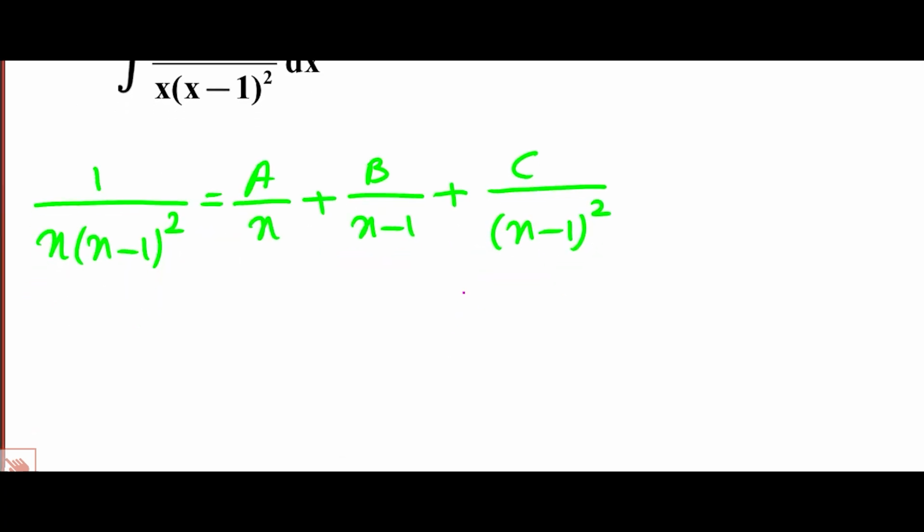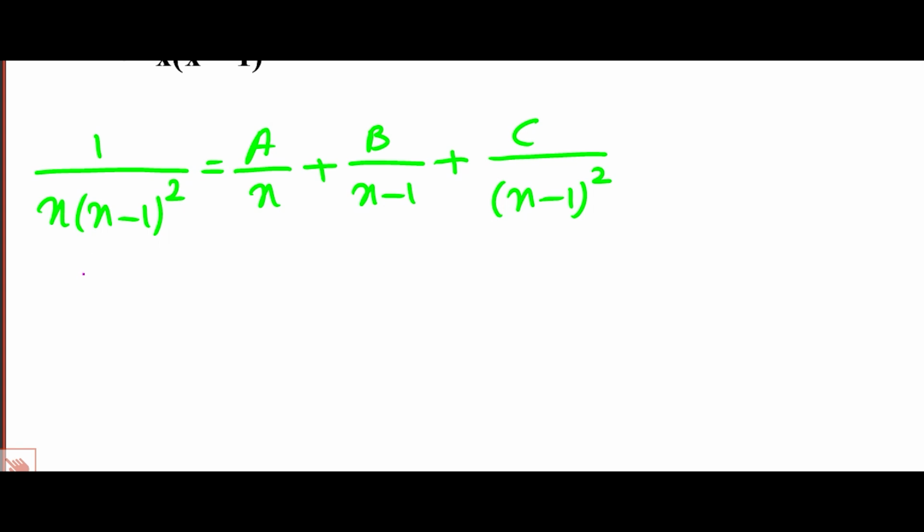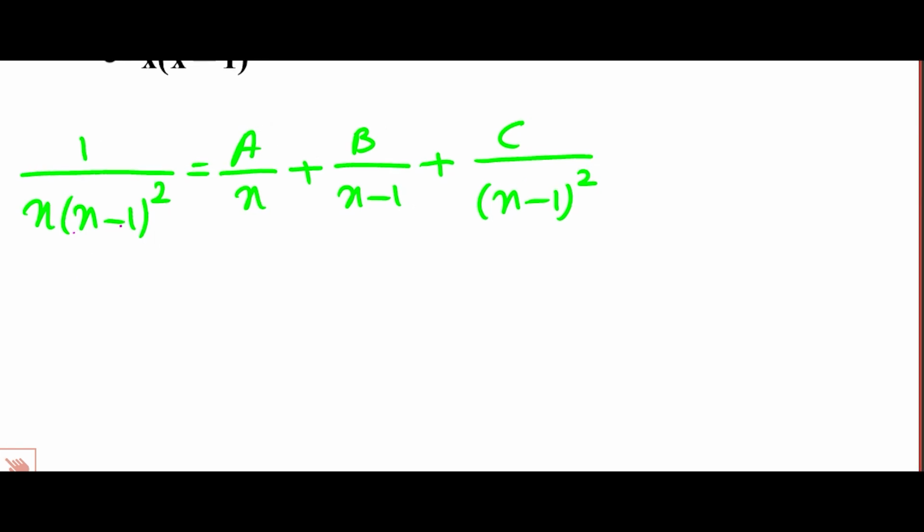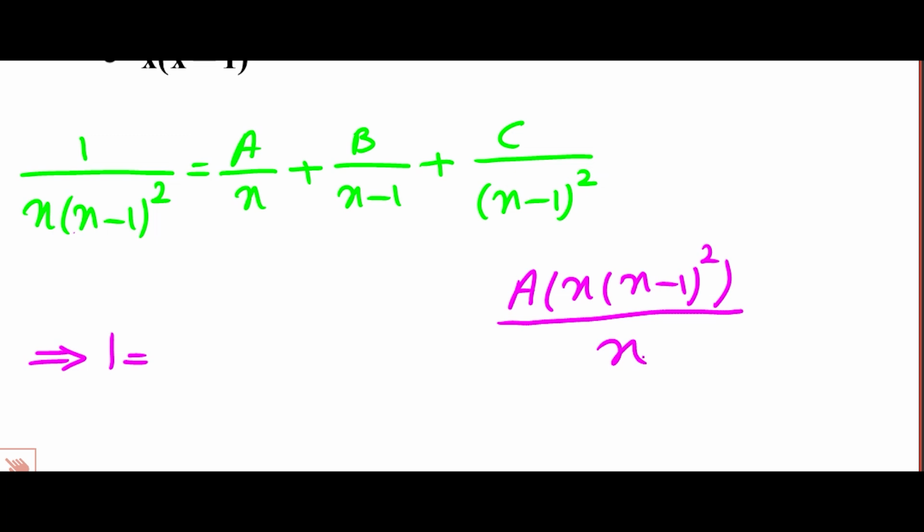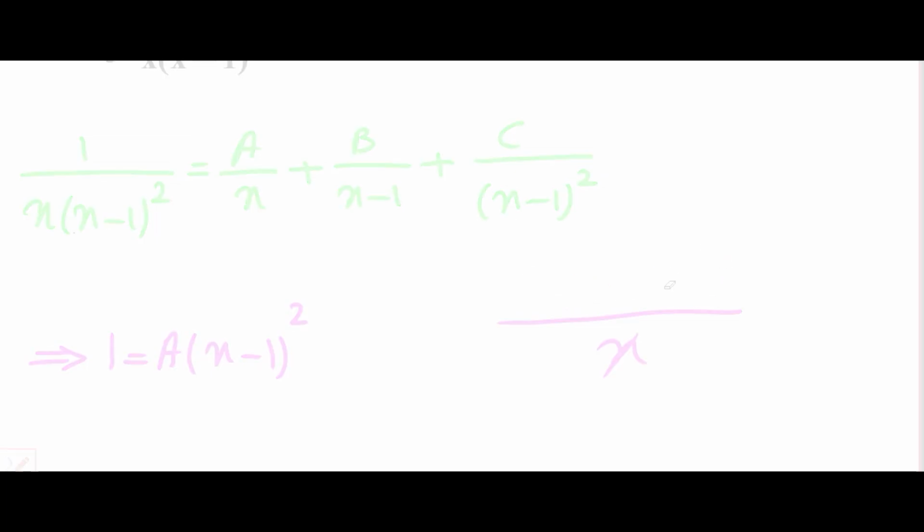Now we multiply both sides of the equation by x times x minus 1 whole squared. So we have 1 equals a times x minus 1 whole squared over x. So x terms cancel out and we have a times x minus 1 whole squared, right?